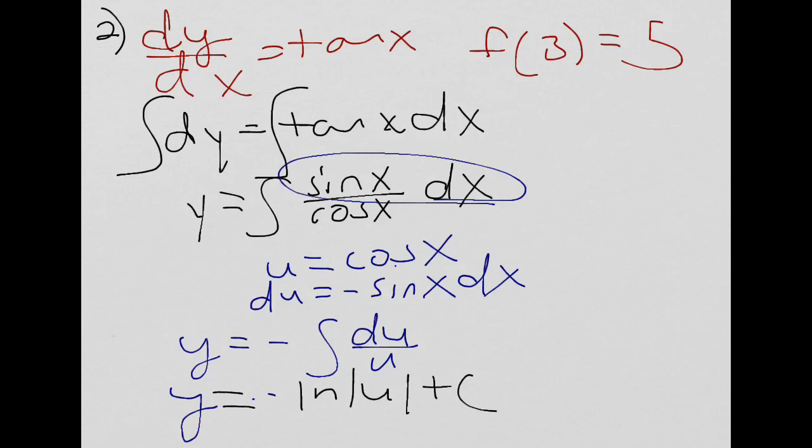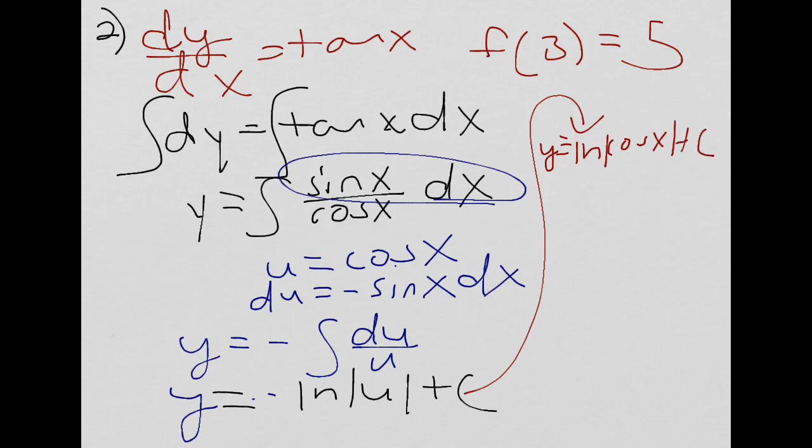And I'm running out of room, so I'm going to try squeezing it in over here. So y is equal to negative ln absolute value of cosine of x plus c. Now we can plug in the 3 and the 5. So let me actually plug in the 5. Negative ln absolute value cosine of 3.